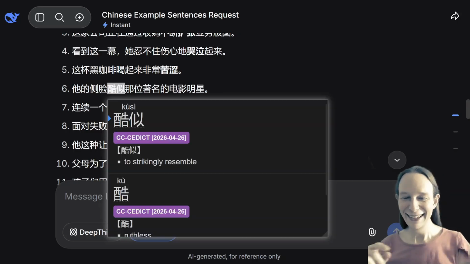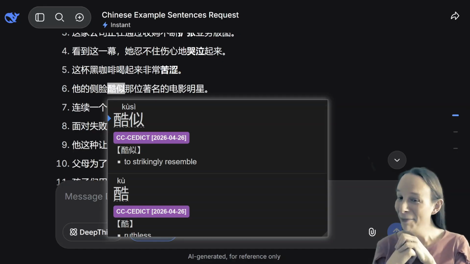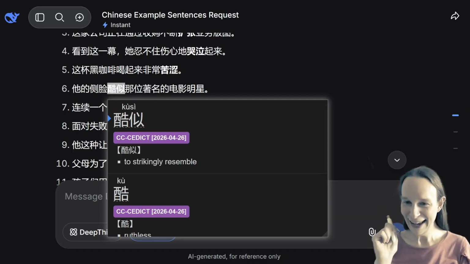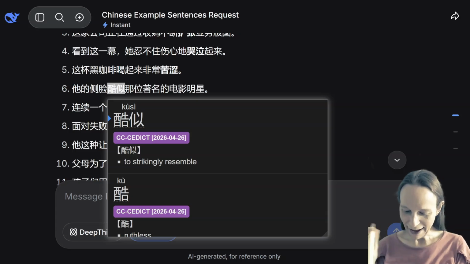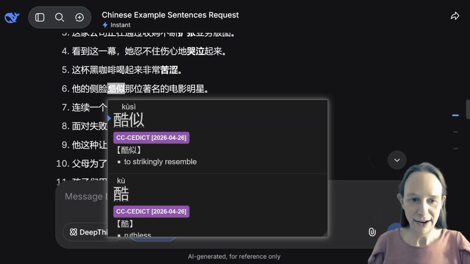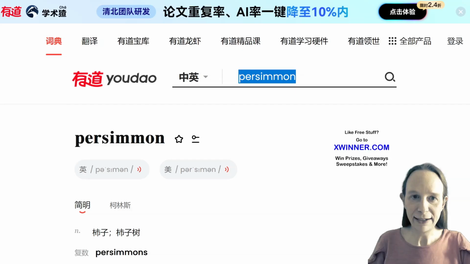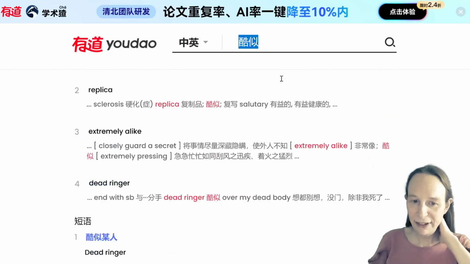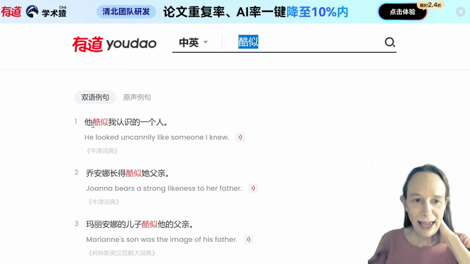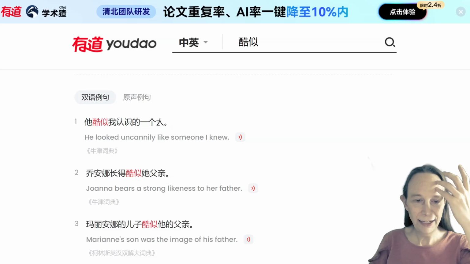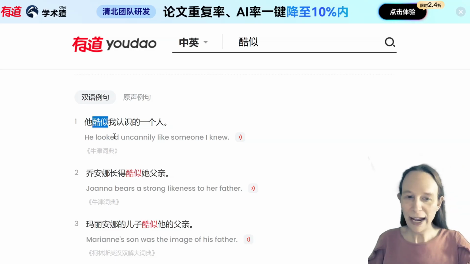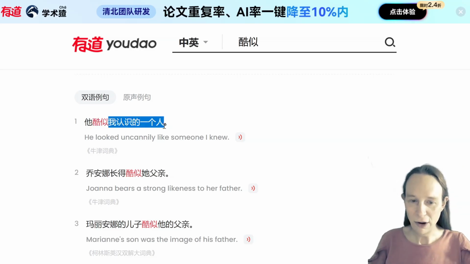So, 酷似 is this one. Striking resemblance between Professor Fate and Prince Hapnik. Okay. 非常相像他俩的长相酷似. Alright. So there's some grammar here, word specific grammar we need to learn. 他酷似我认识的一个人. So he bears a striking resemblance to someone I know.